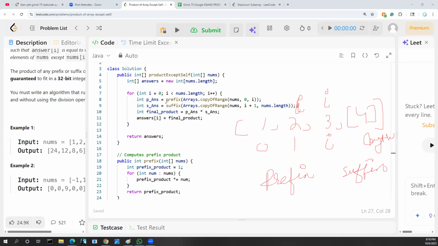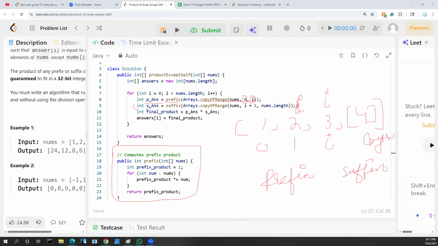So if you look at this function right here, I'm slicing my array from 0 to I. How this function works is it takes your array as an input and then slices it based upon the range that you give it. From 0 to I, it will segment it and call it a prefix, and pass that segment of the nums array into the prefix function.